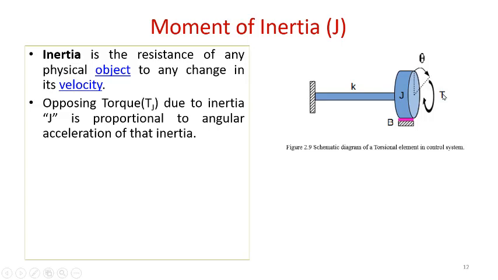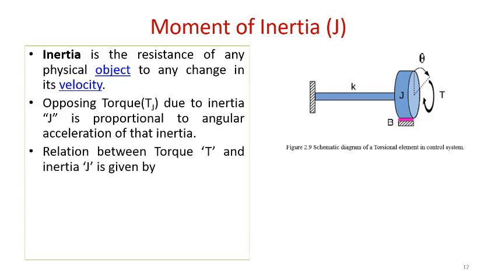So the torque which is applied in this direction will have a restoring or opposite torque. Why will this torque be the restoring torque? This torque will be due to its inertia, and this restoring torque will be proportional to the angular acceleration of that inertia, which is given by the relation that torque is directly proportional to acceleration.